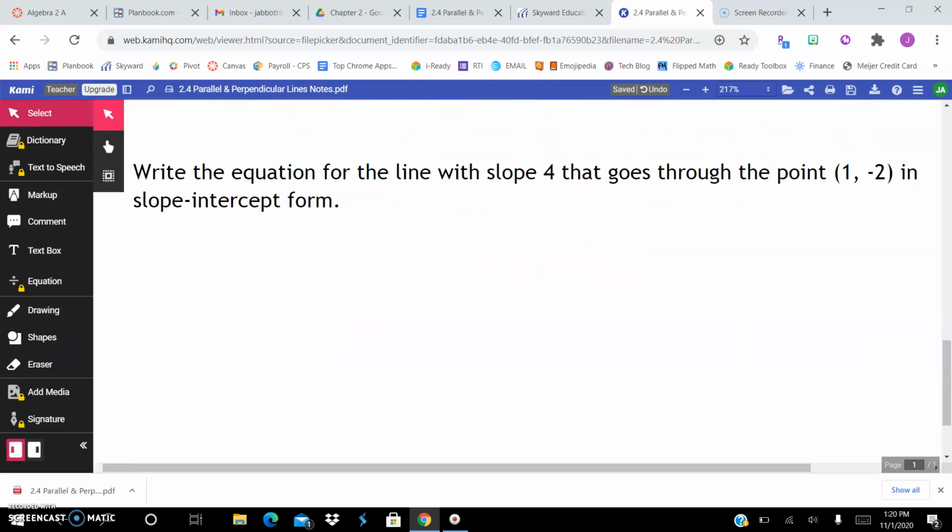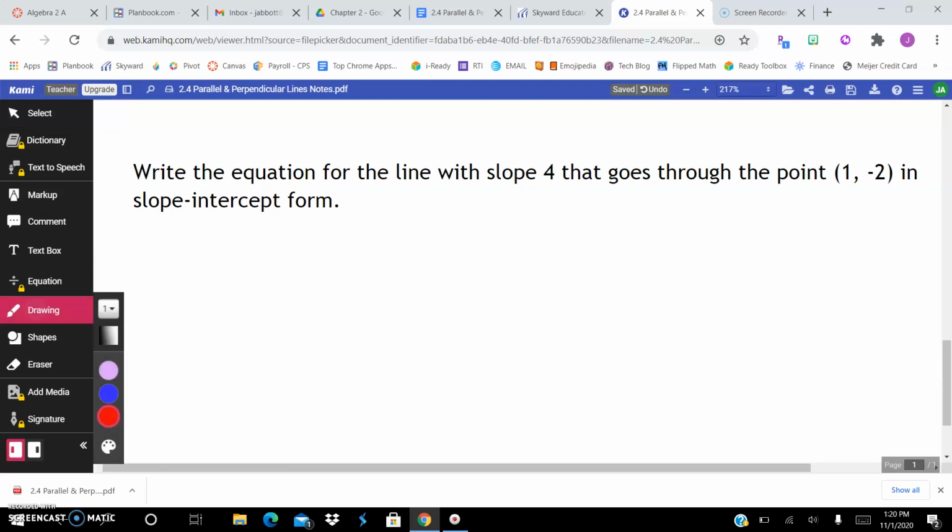And then write the equation of the line with slope 4 that goes through the point (1, -2) in slope-intercept form. So again, we're going to use point-slope form, y minus y1, since we're given a point and a slope. Slope is 4, x is 1, and y is -2, so that's going to turn into a +2.